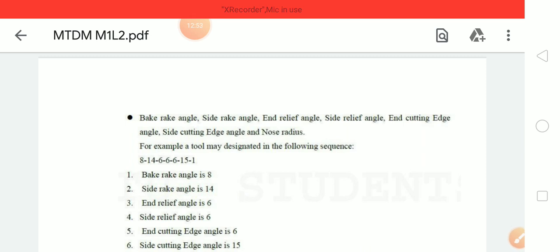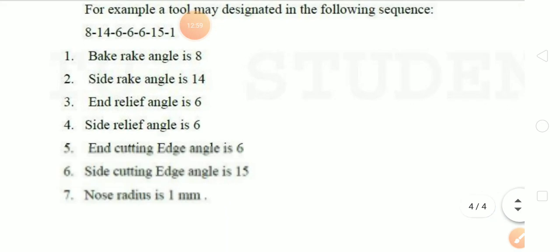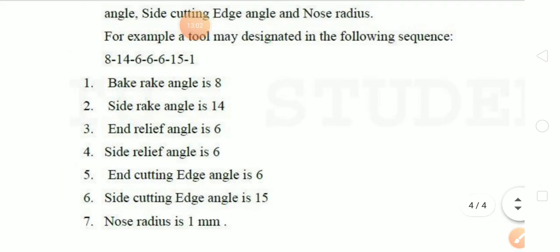The first one, end relief angle, is 6, side relief angle is 6, end cutting edge angle is 6, and side cutting edge angle is 15. So the tool that he has to provide to the customer is 8, 14, 6, 6, 6, 15, and the last one is in mm. That is the nose radius, a dimension, a distance, so we provide millimeters for the nose radius.